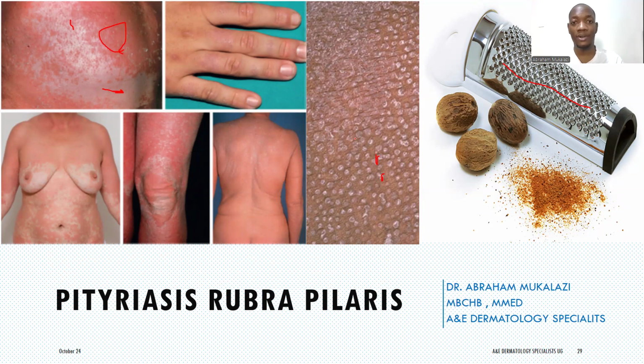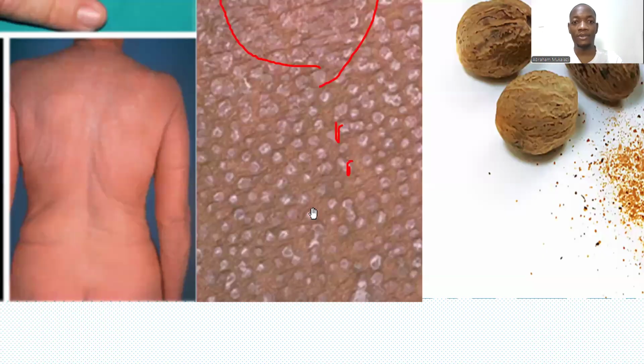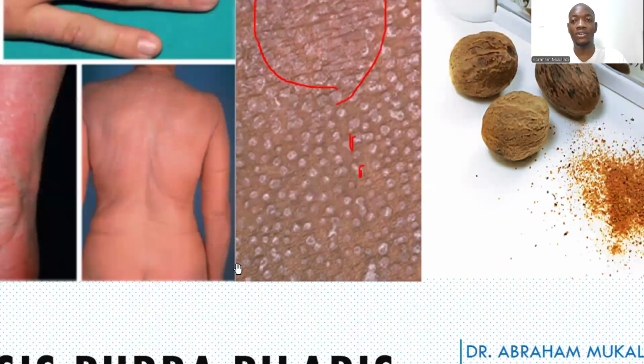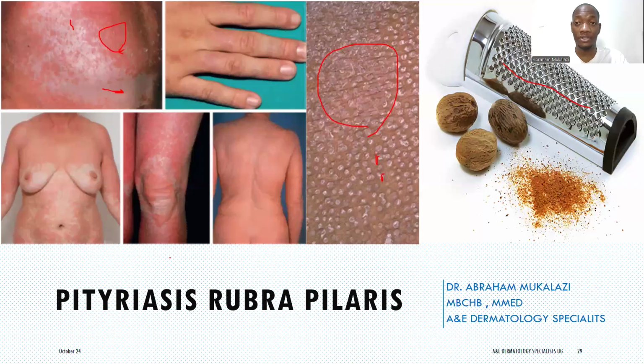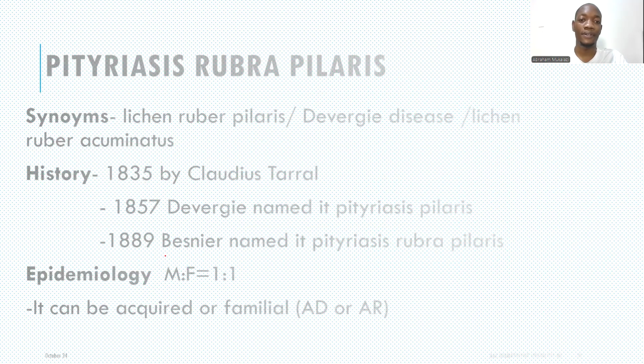Even in this picture, as you can see here, this area is very much infiltrated, but in between these follicles, if I may magnify for you, you will see that we have normal skin in between. So you'll see that this condition comes with follicular hyperkeratotic papules on an erythematous background, but with islands of sparing.